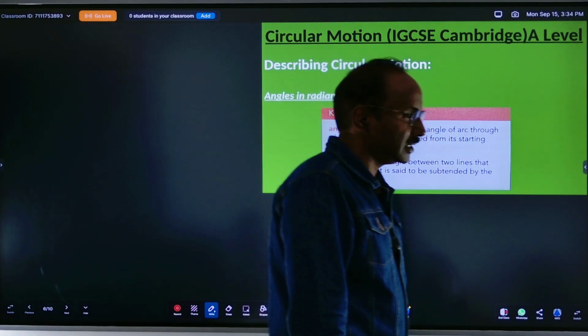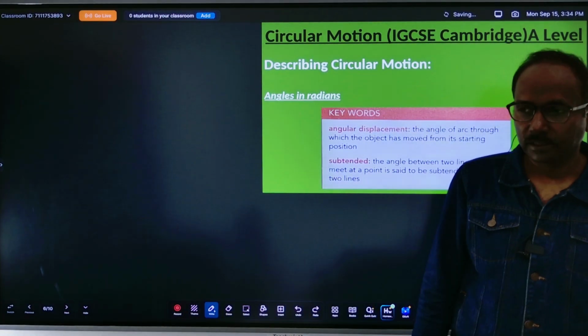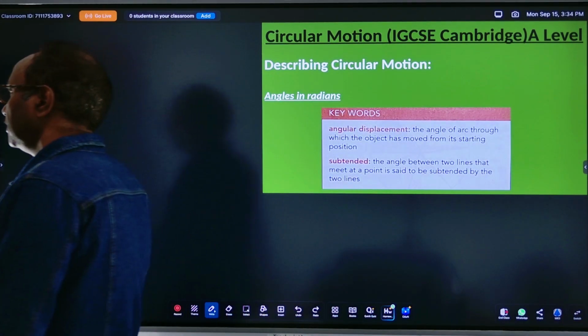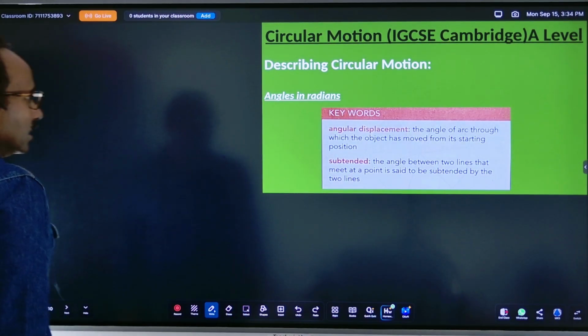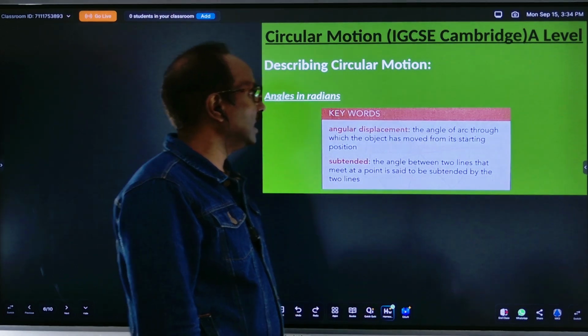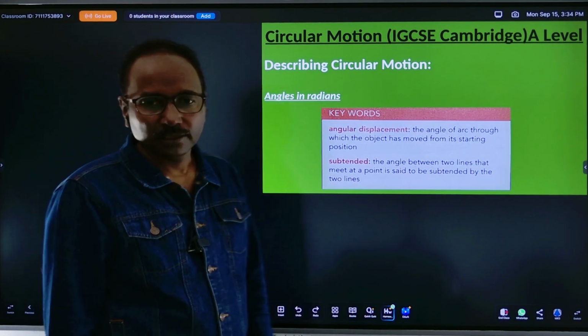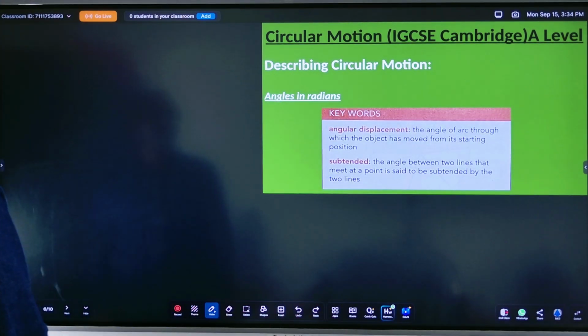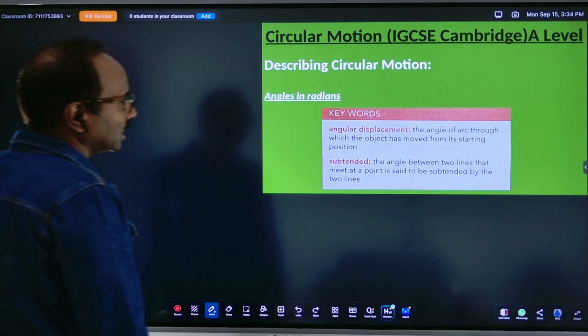Angular displacement we have already discussed, but as per your book, the definition is written like this, so you can write this as well. The angle of arc through which the object has moved from its original or starting position.